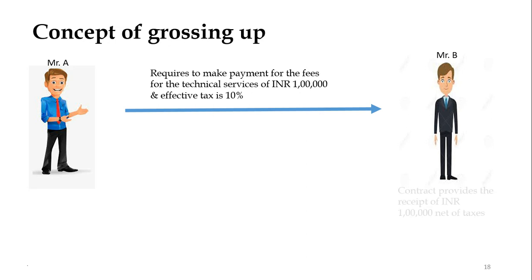But as per the contract, Mr. B should be in receipt of INR 1 lakh rupees, and that should be net of taxes. Means after deducting all the taxes, Mr. B should get the amount of 1 lakh rupees.